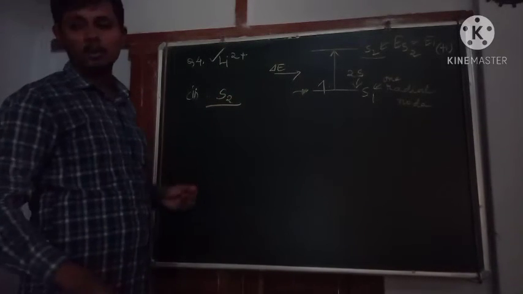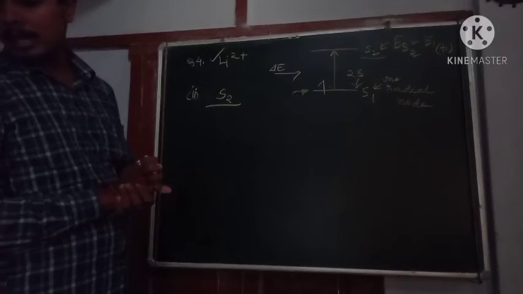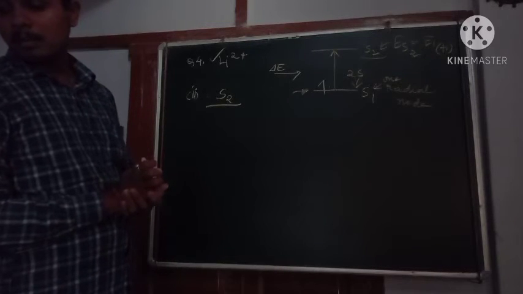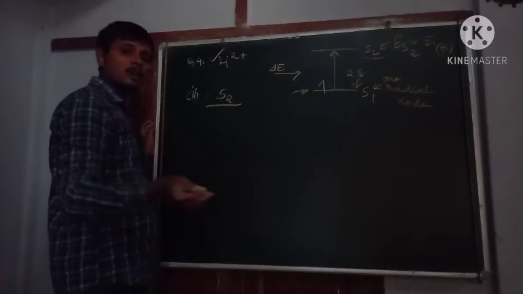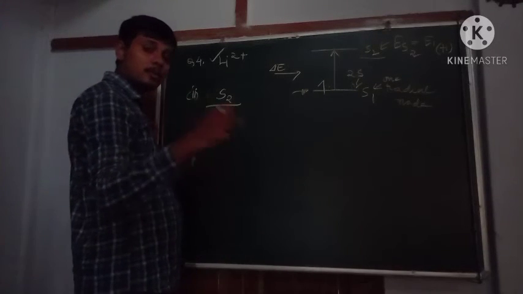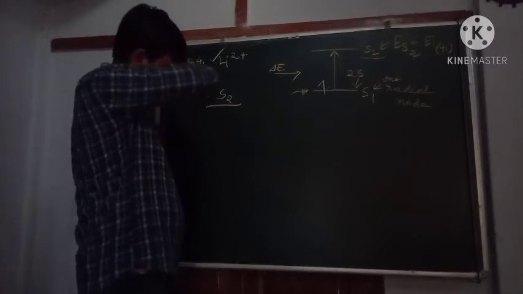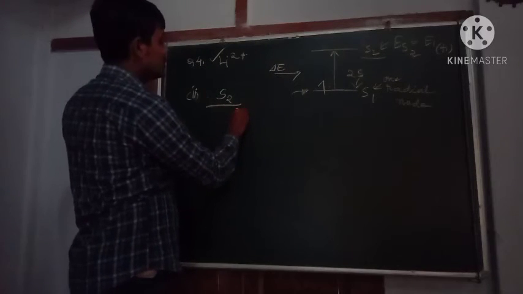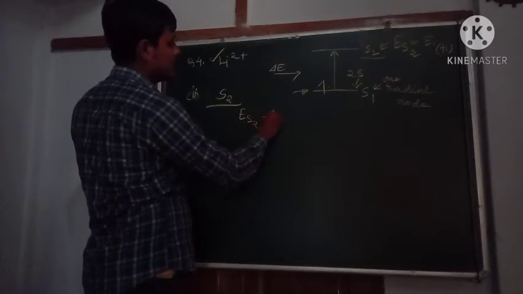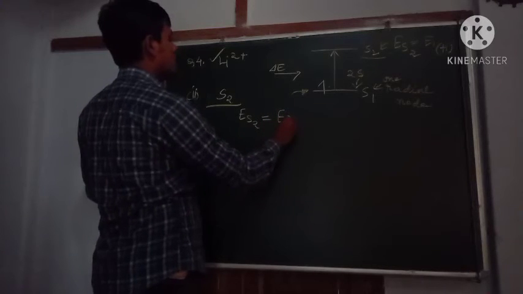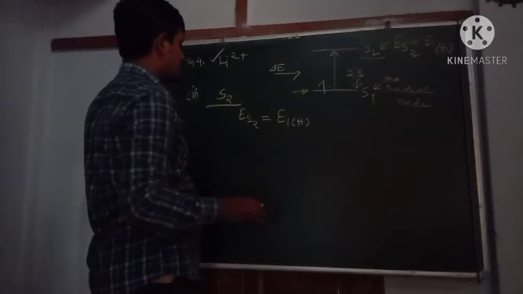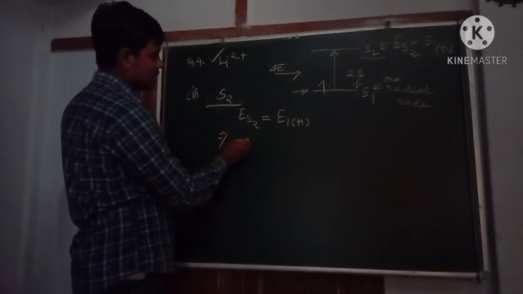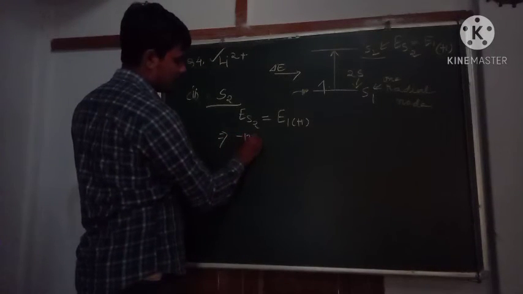One condition that is given to you in the question is, the energy of the state S2 is equal to the energy of the ground state of hydrogen. So the energy of the S2 state is minus 13.6.